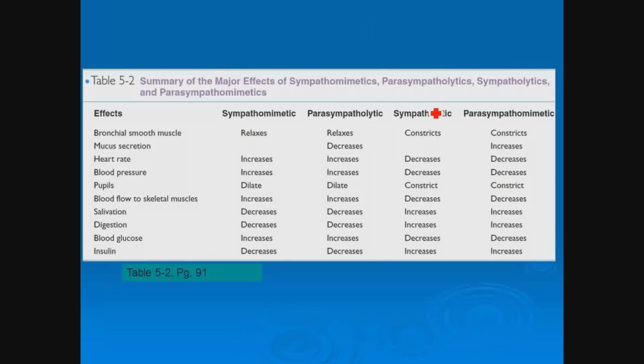And we've seen this previously also as far as the different effects that would happen if something was sympathomimetic or parasympatholytic. Notice that the effects are exactly the same. So I can accomplish bronchodilation by either giving a sympathomimetic or by giving a parasympatholytic.